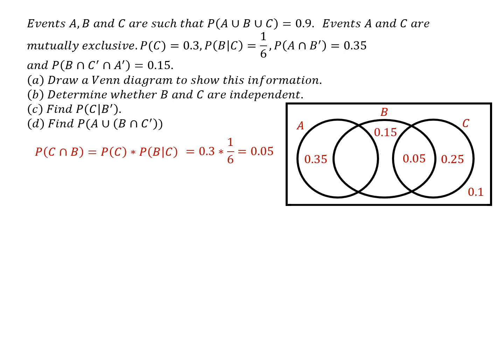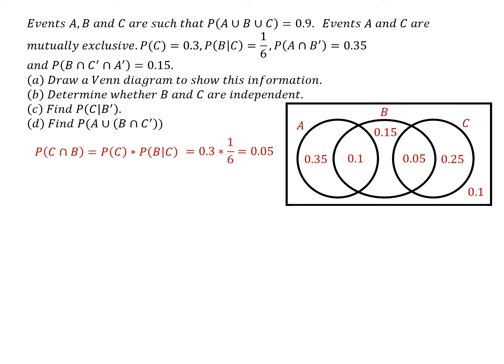So that's 0.15. And then we can fill this last number in by subtracting all of those other numbers from 1. Those should all add up to 1. Let's just have a check: 5, 6, 7, 8, 9, 10. That's fine. It all adds up to 1.